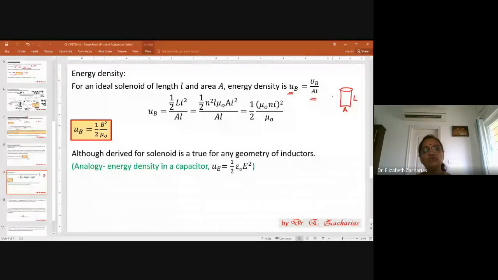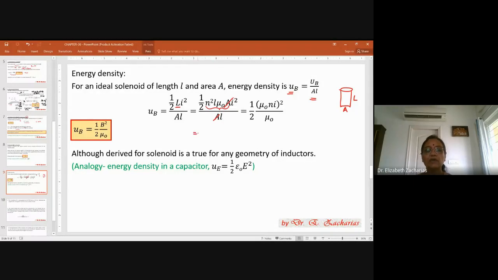Okay, so let's just do it and see. Half L i square divided by A l. And for a solenoid, you know the expression for L. Substitute it. i square divided by A l. A and A cancel out. So what are you finally getting? There is only one mu naught in the numerator.